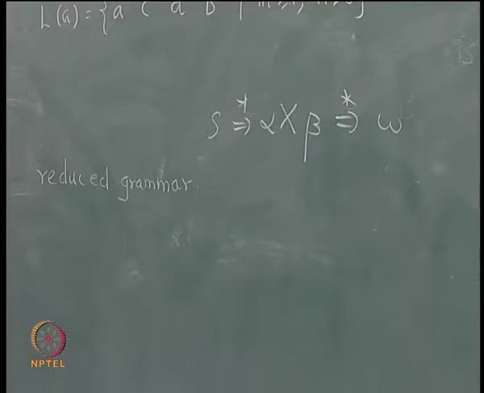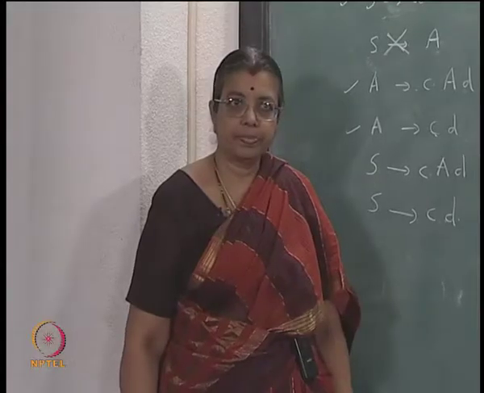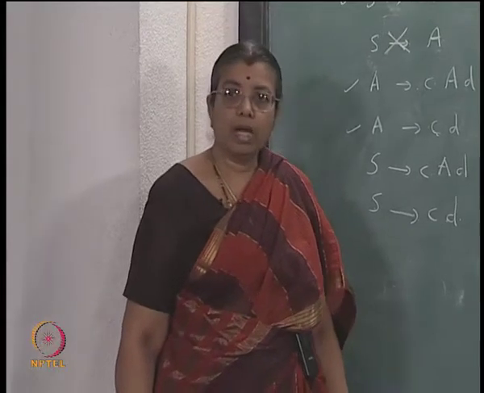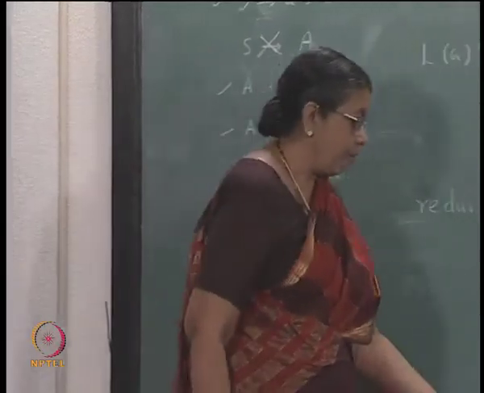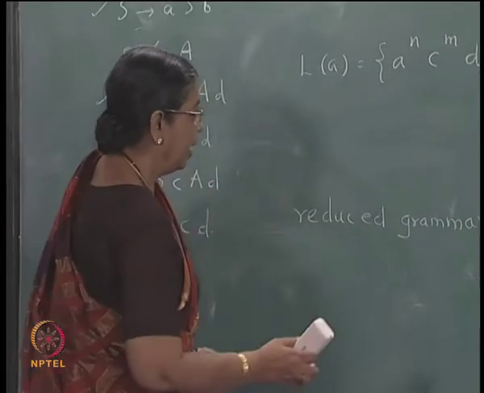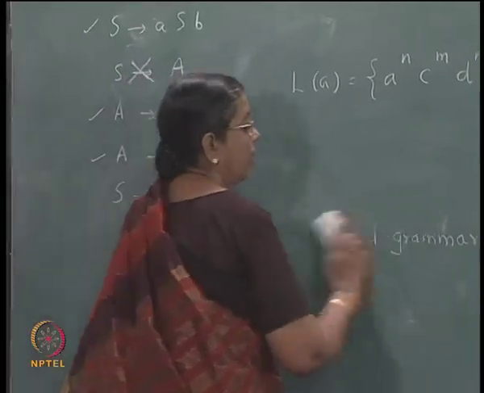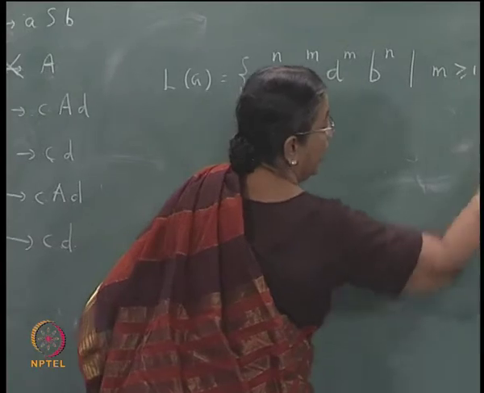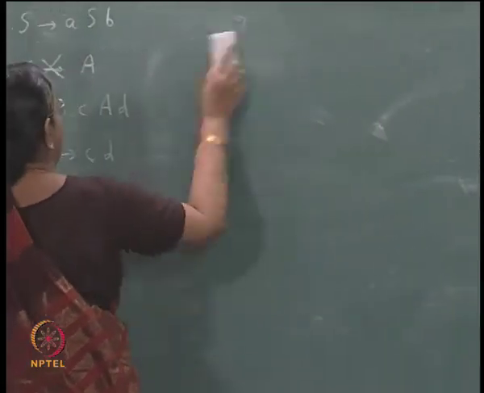So, we are interested in finding out the reduced grammar for a language. Now, one assumption we have made is that it does not have epsilon.